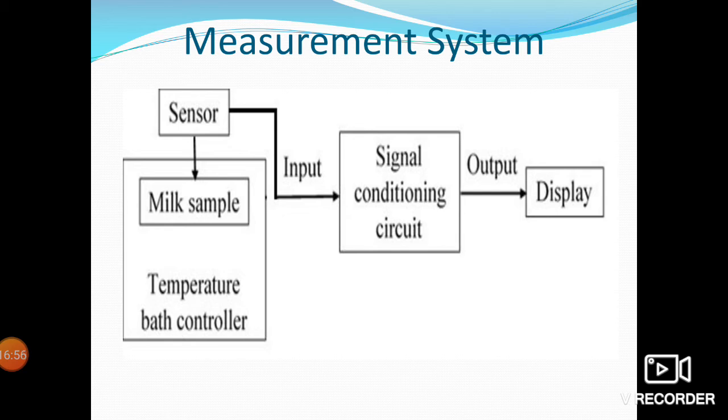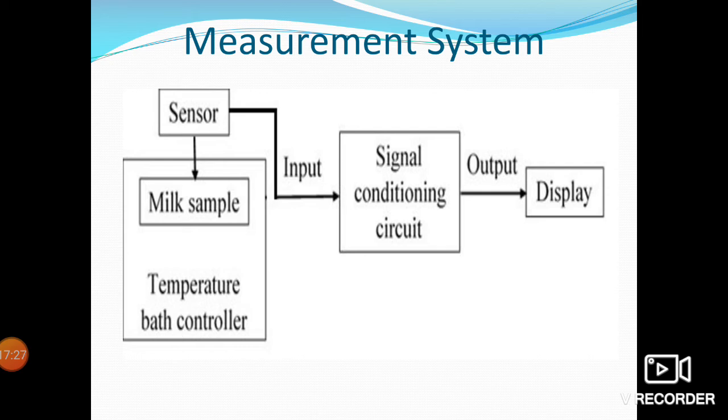And whatever the output is, that output signal is related to the quantity being measured. That is why we take the example of a thermocouple as a temperature sensor. It senses the temperature as an input, and gives an output as an EMF, related to the temperature value.